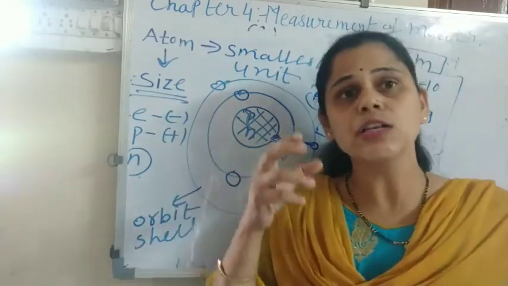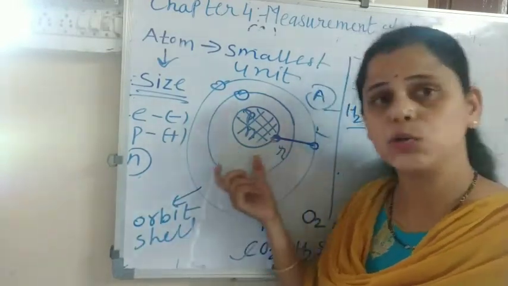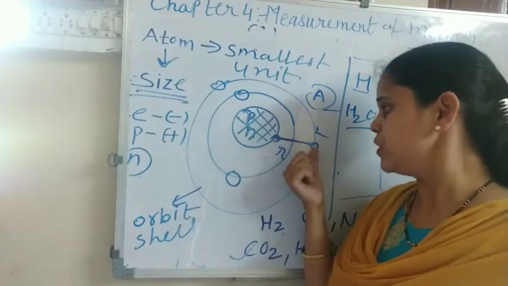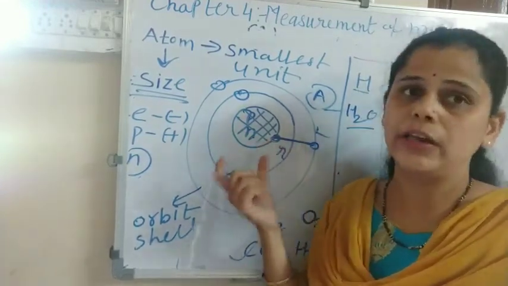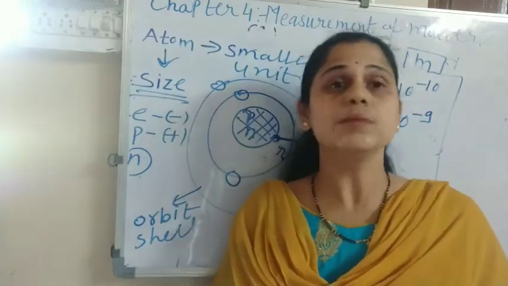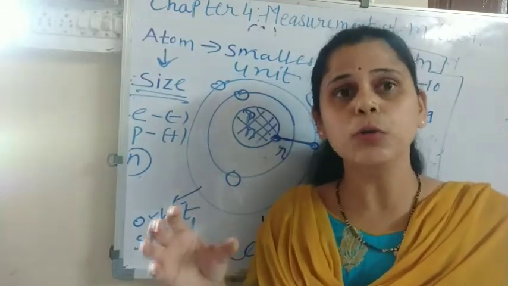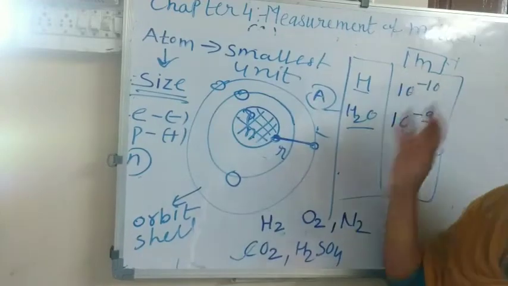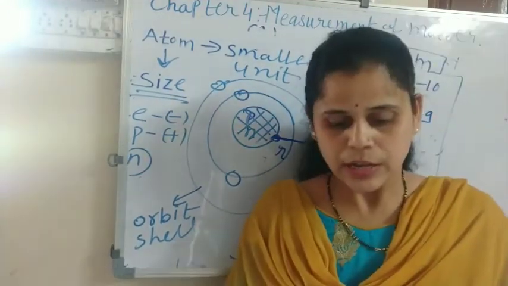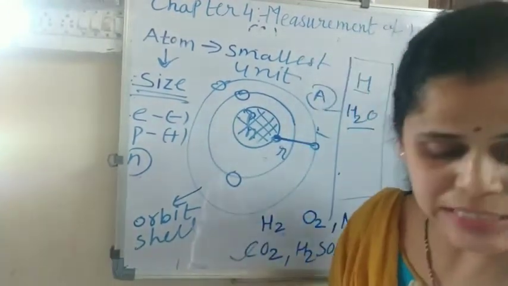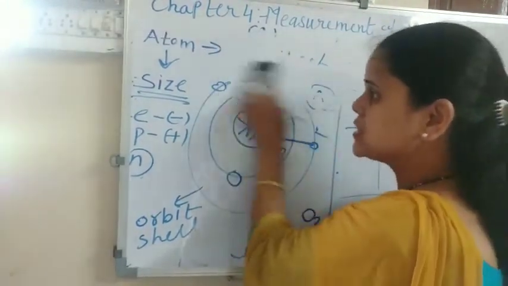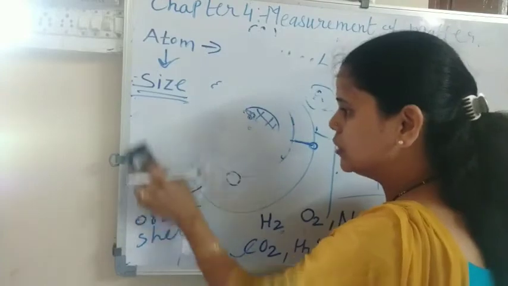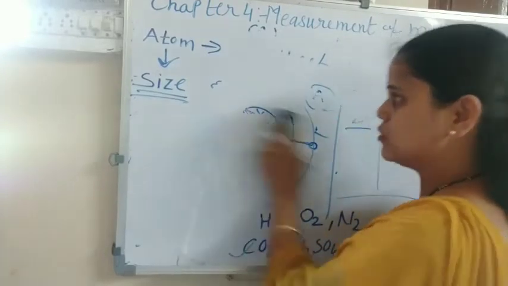In the case of an isolated atom, the distance from the outermost shell to the nucleus is called the atomic radius, and it is measured in nanometers, nm. It's clear, students? Then atomic size again depends on the number of electrons.